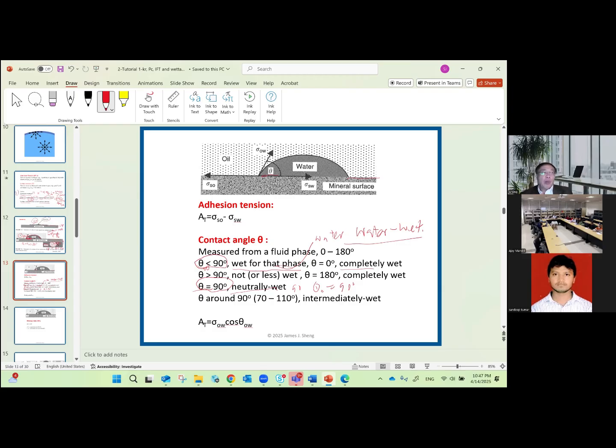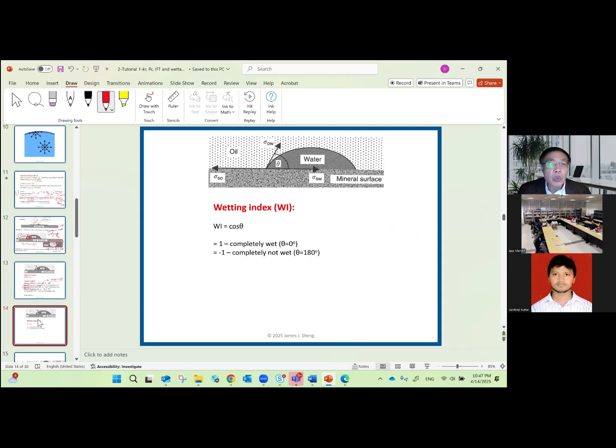If both water and oil have equal angles, then they are equally wet to the rock. So we call this neutrally wet. Then obviously it's easy to understand, if it's greater than 90 degrees, then it is oil wet.